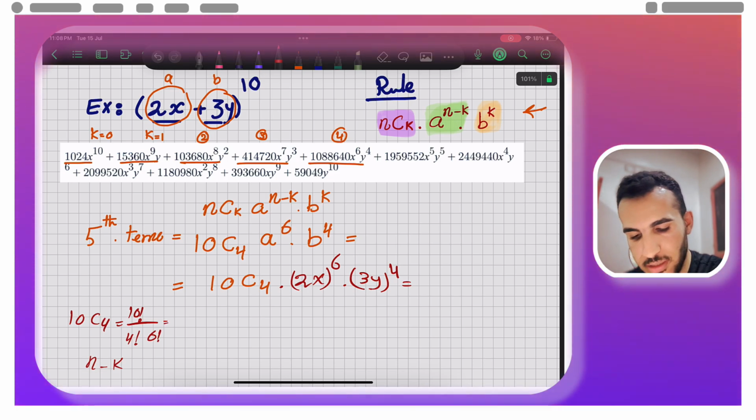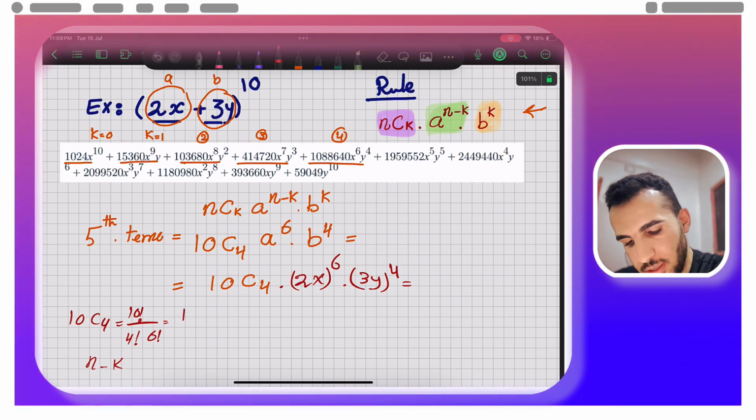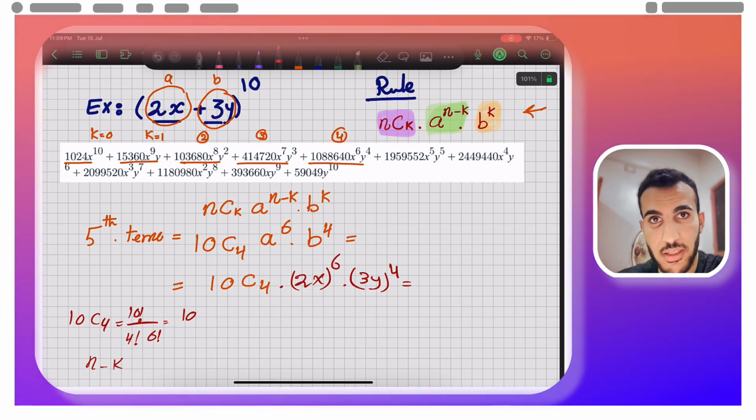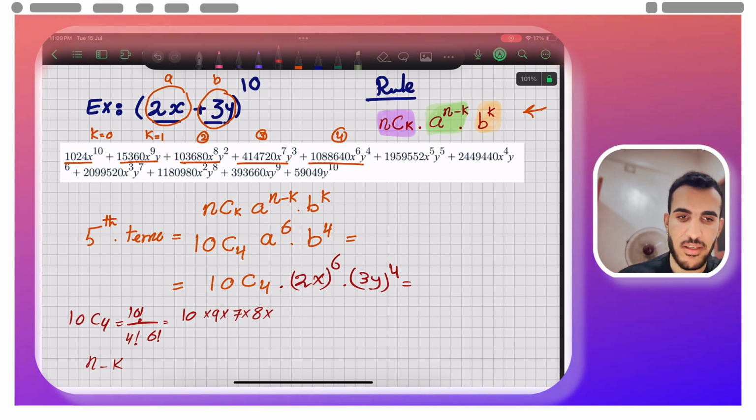Let's make it more simple, okay? You can solve it without the steps. You can solve it using your calculator, by the way. So it will be 10 multiply 9 multiply 8 multiply 7 multiply 6 5 4 3 2 1.